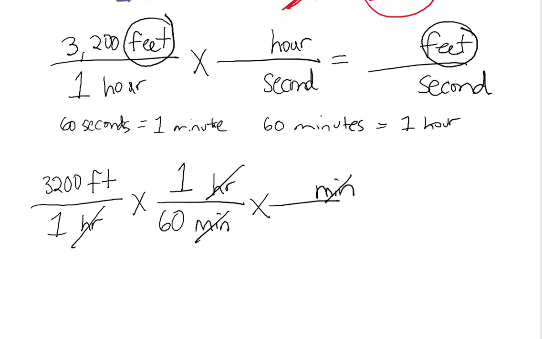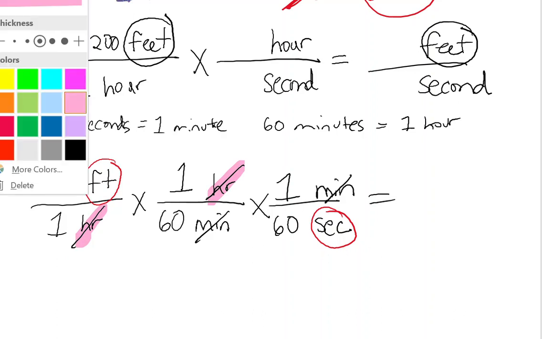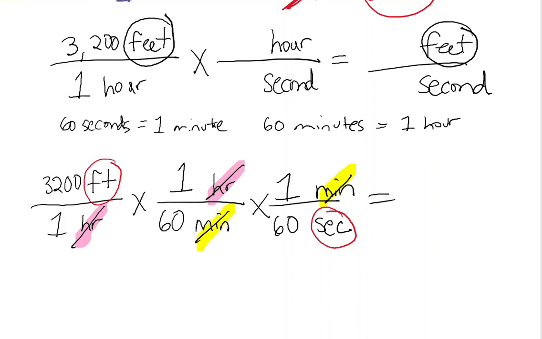If it's on the bottom, it has to be on the top. Going to seconds, knowing that there's 60 seconds in 1 minute. Now when I do my math, I will have feet on top and seconds on bottom. Hours canceled because there was one on top and bottom. Minutes cancels because there's one on top and bottom. Now all I have to do is the computation.